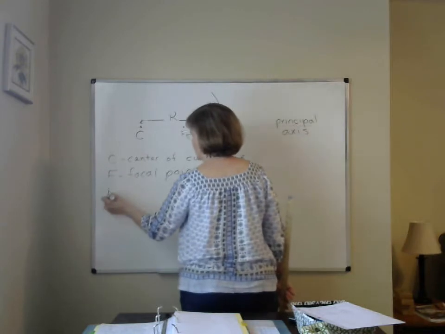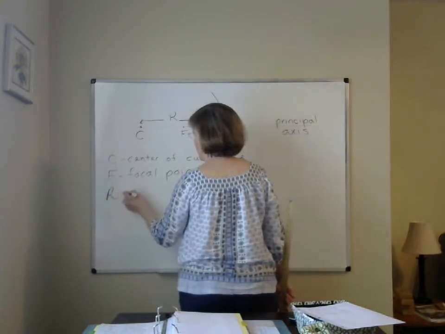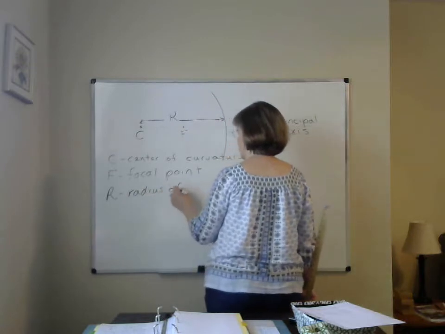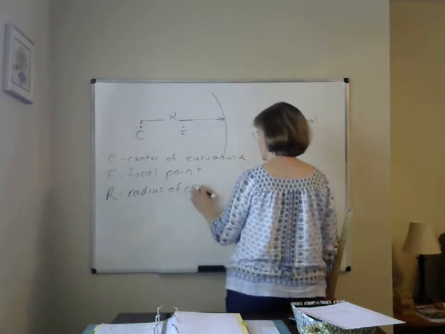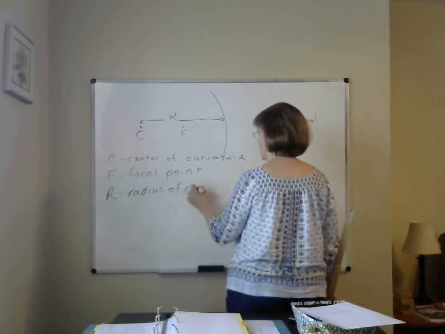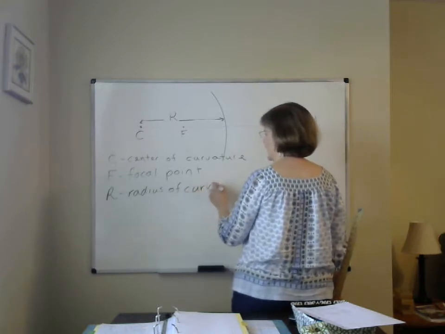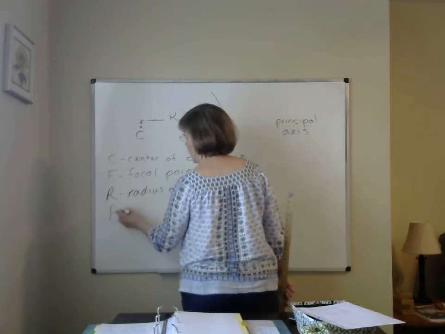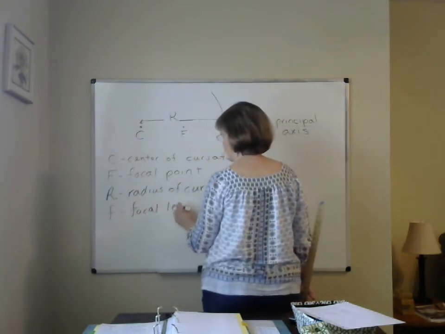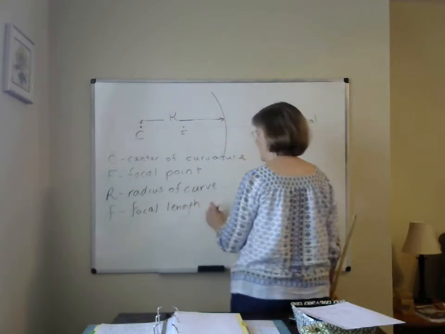And then, of course, we have two other really important quantities. R is the radius of curvature. And f is what we call the focal length. Okay.